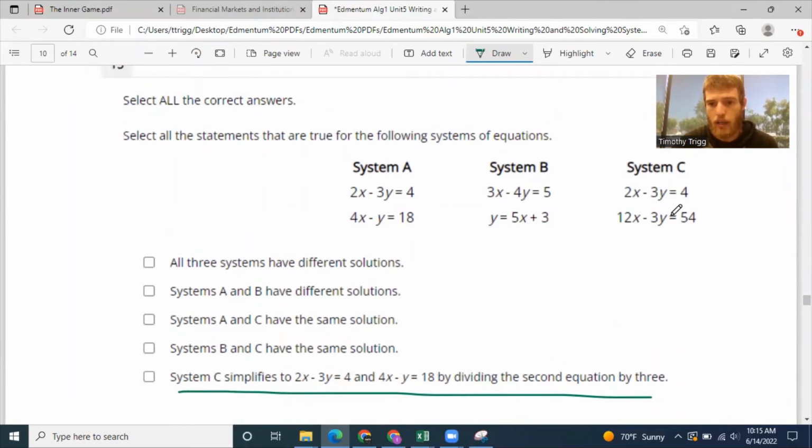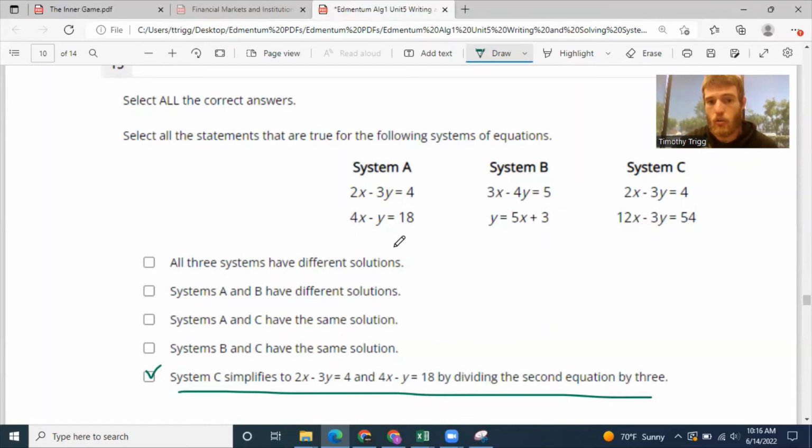Well, that looks true. I can divide this one by 3 to get this new equation. I don't know if that really helps you, but you can certainly do that. You're allowed to, just like we can multiply every term in an equation by something, you could also divide every term by something. In this case, you're dividing everything by 3, so that makes this true.